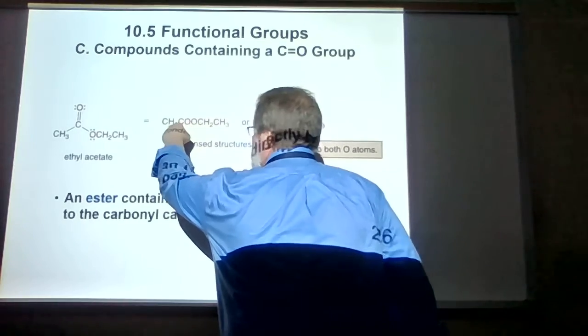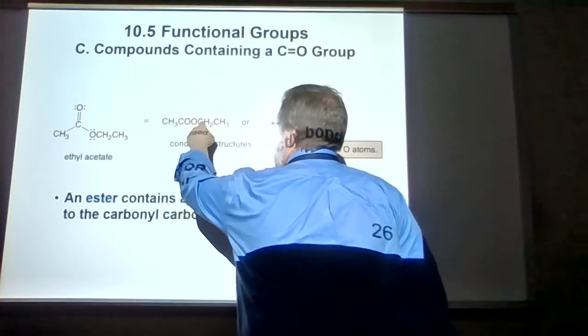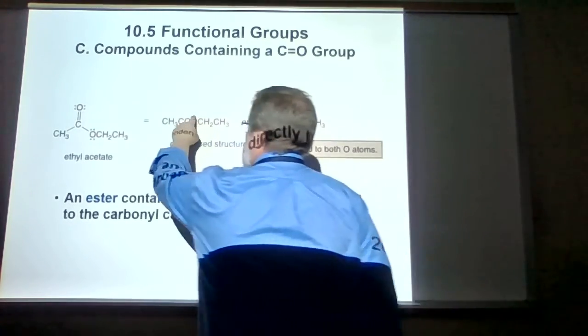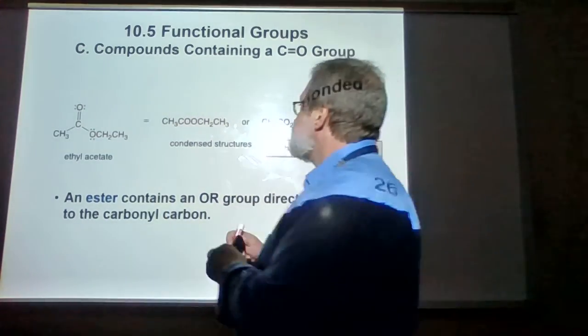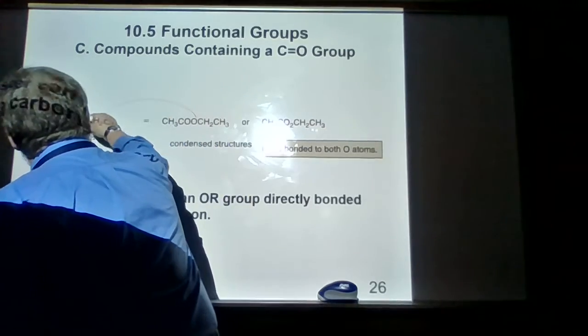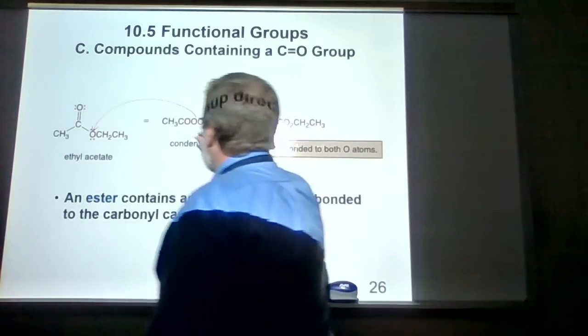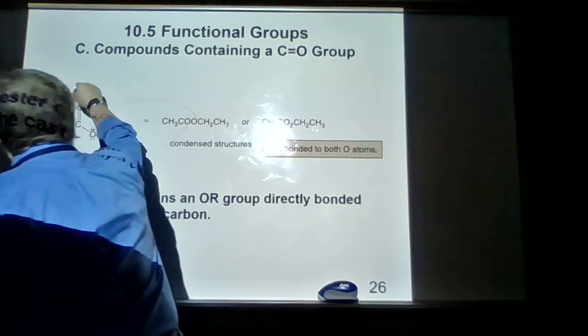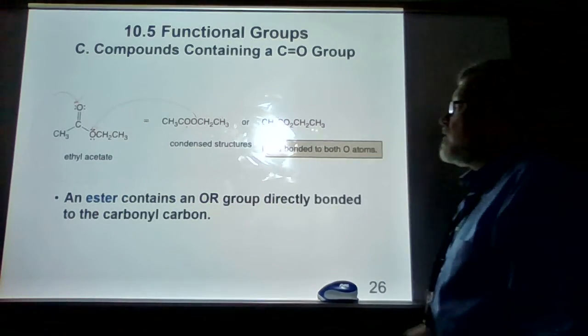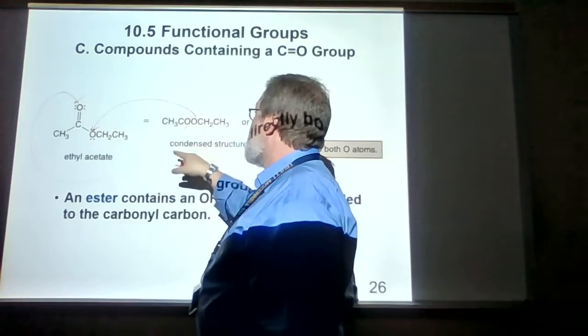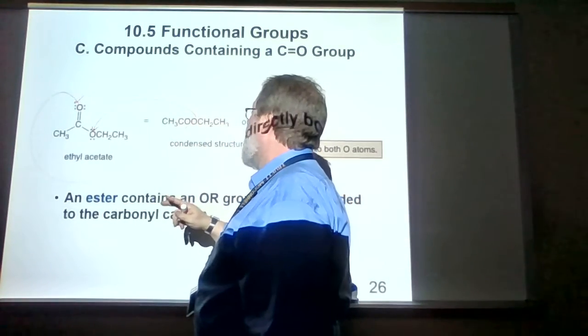This oxygen is to the right of that carbon, but this is to the right of that oxygen. So this oxygen here is that guy right there. This oxygen here is that guy right there. So this first oxygen appears immediately to the right of the carbon. It's bonded to 2 things.